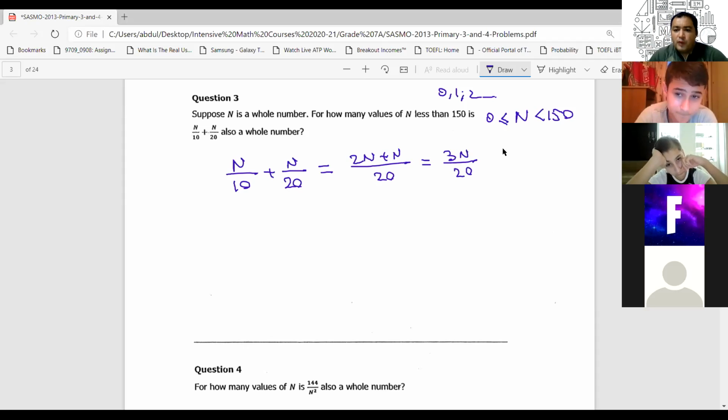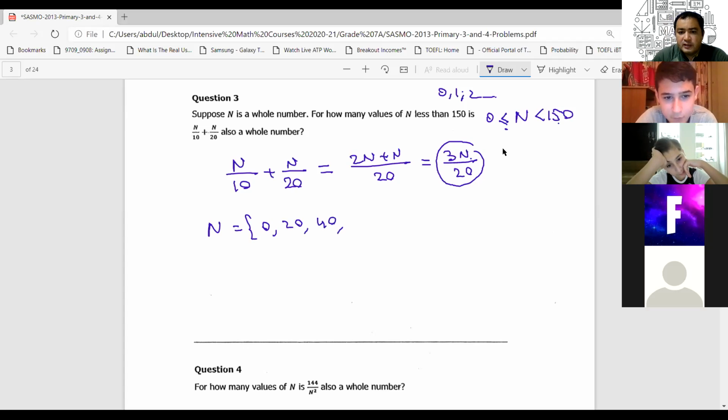When can this be a whole number? 3 and 20 don't have any common factor except 1, so n should be divisible by 20. Which numbers between 0 and 150 are divisible by 20? Those numbers are 0, 20, 40, 60, 80, 100, 120, and 140. So for how many values? 1, 2, 3, 4, 5, 6, 7, 8.